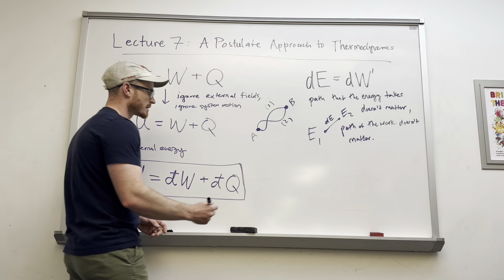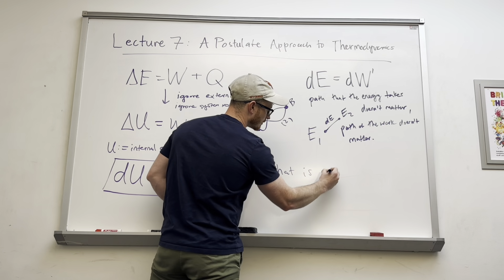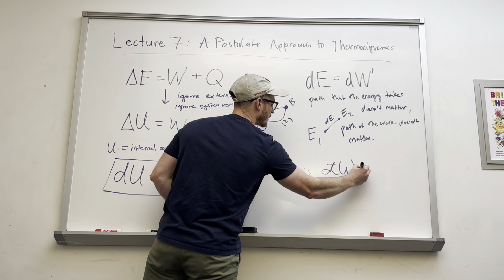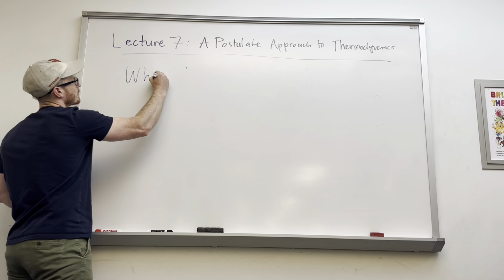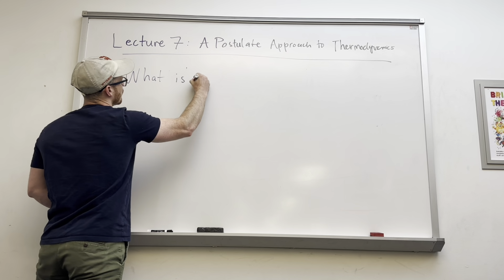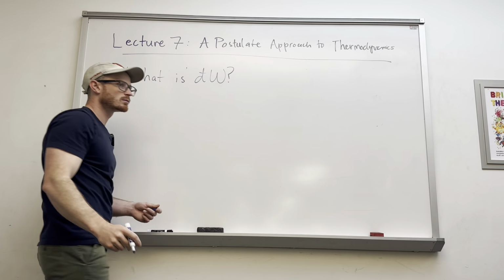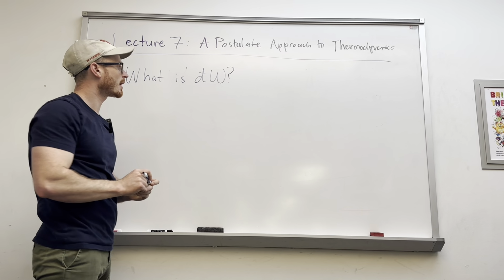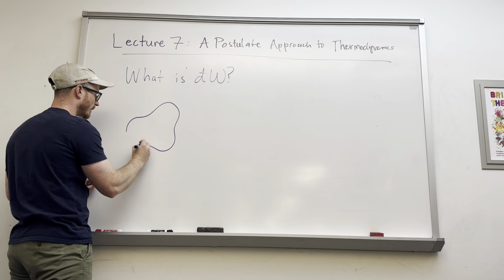So now let's ask, what is dW? Let's try to quantify it. Well, we can make an argument for this term by considering something known as a material body.